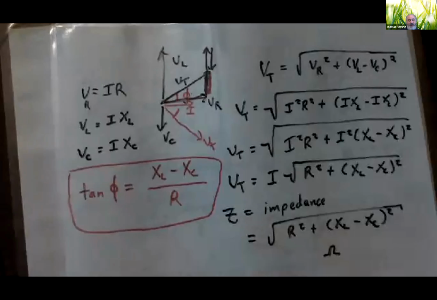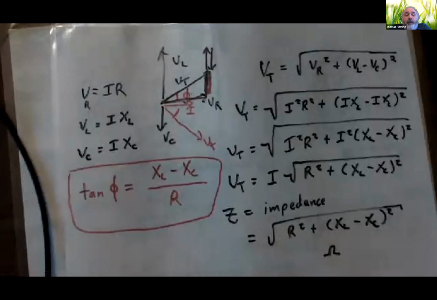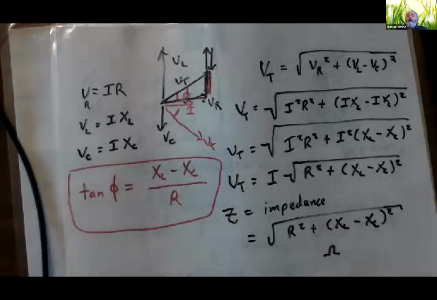So why would I care about this sort of resonant frequency thing? Well, for lots of reasons. One thing to bear in mind is that sometimes you'll have a circuit that could be excited by a number of frequencies at the same time. Case in point, you get in your car and you turn on the radio.